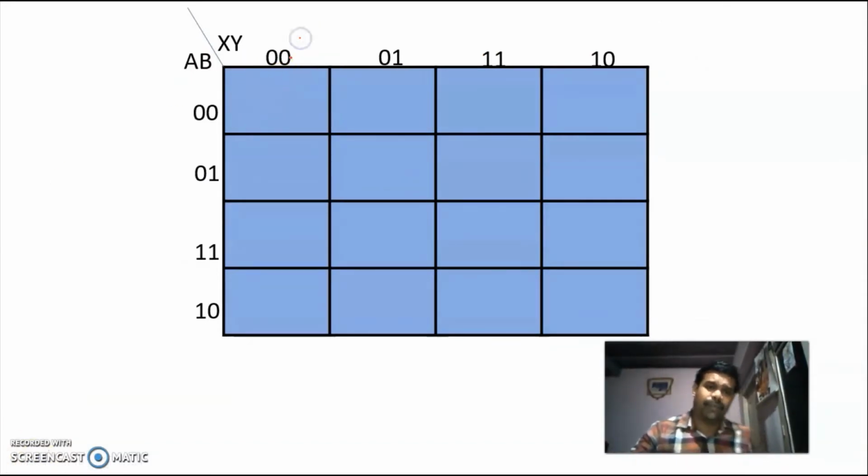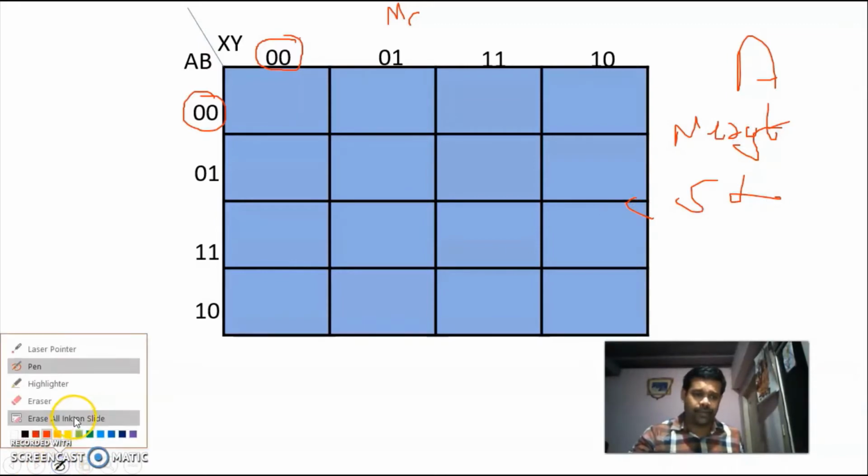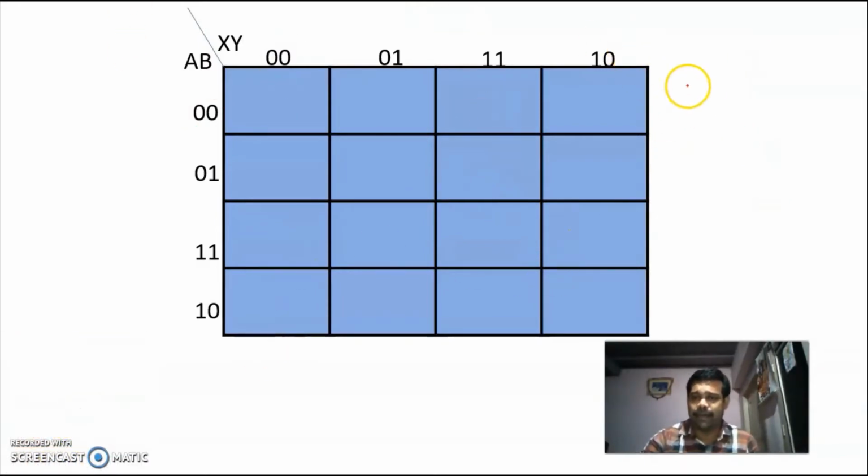We are taking the first cell. For example, you take the first cell. So in the first cell, the value of A is 0, value of B is 0, value of this is the next state map of A. This is nothing but the next state map of A. So this is a four variable K map because we are having two state variables and two external inputs.